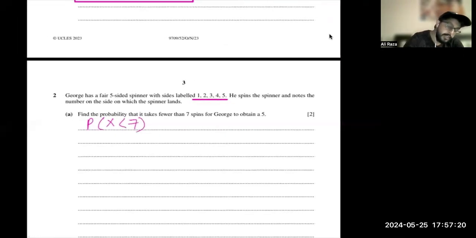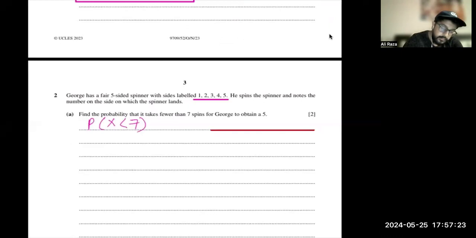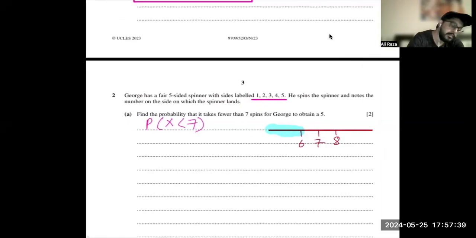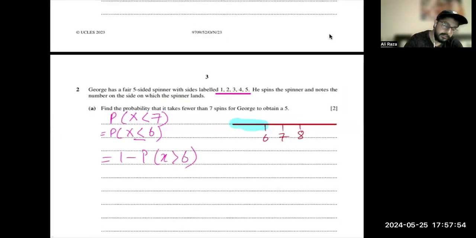Let's draw a number line for this. If we need the probability for less than 7, this means we want less than or equal to 6. Which can be obtained by subtracting 1 minus P(x greater than 6).